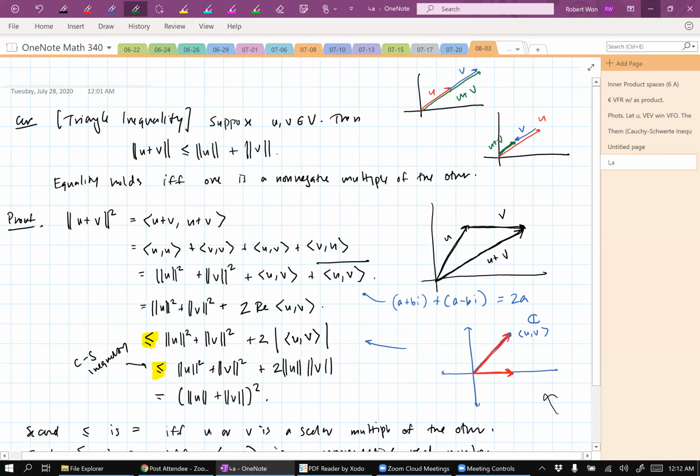And in that case, the length of u plus length of v will be bigger. Right, so in order to have equality, you actually need them to be going in the same direction. If you're ever deviating off path or you're going backwards, then it will be strictly shorter to go directly to u plus v than to go first via u and then via v. That's the whole point.